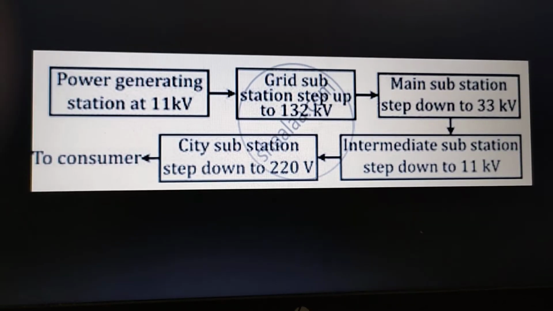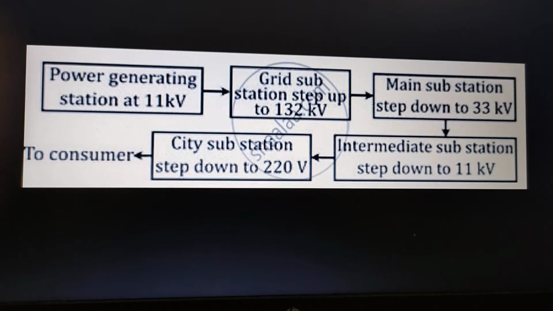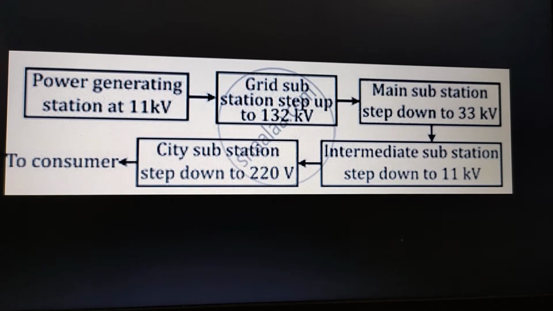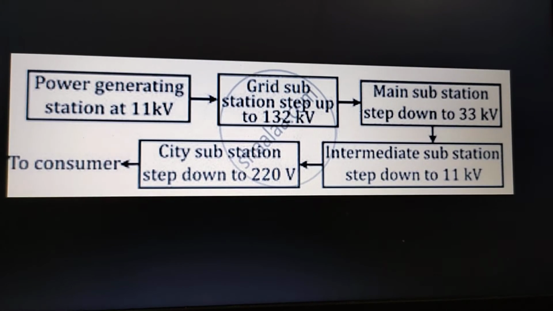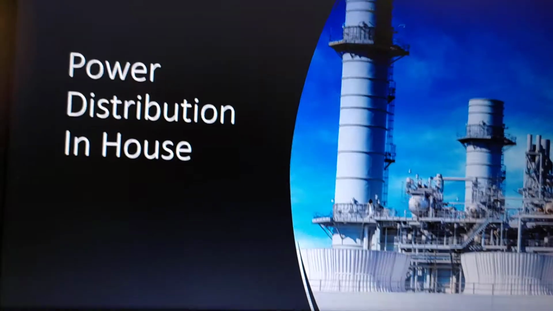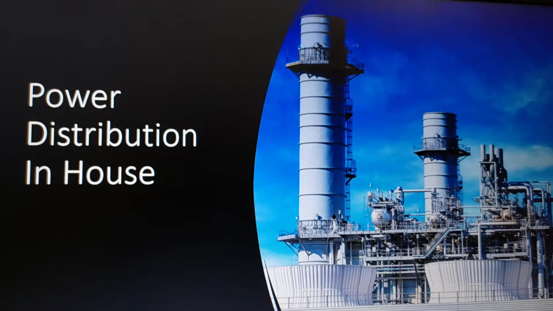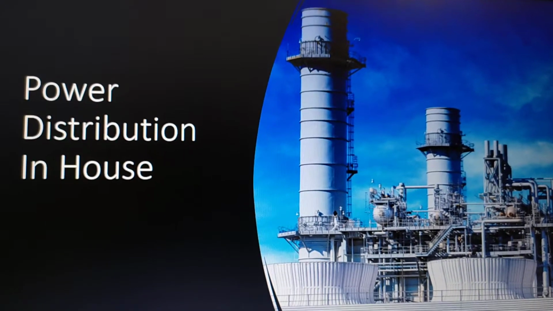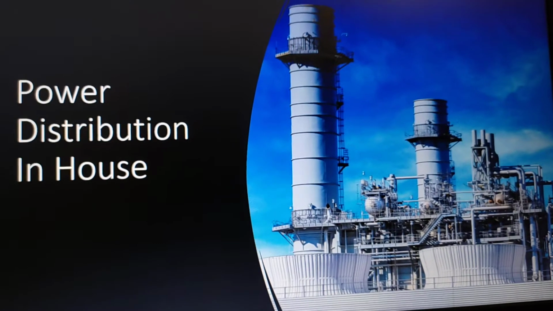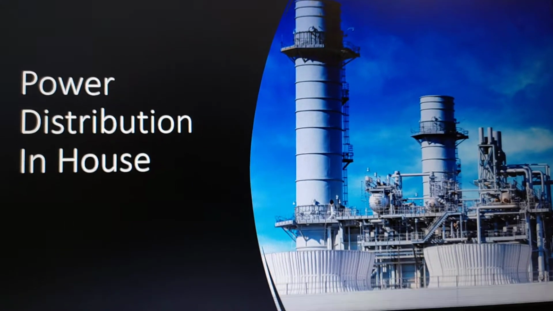That's why power is stepped up and stepped down step by step by step-up and step-down transformers, so we can consume it and there will be no mess. Whatever I am discussing, only that much is required, not less, not more.